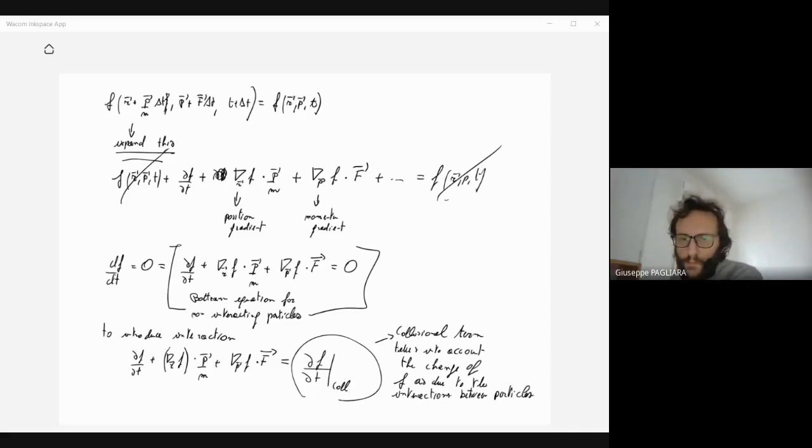Okay? At this level it is nothing but a letter, okay? But the dimension must of course be the dimension of f divided by a time. So that's why it's called df dt. And somehow in this quantity we need to introduce the interactions between particles.